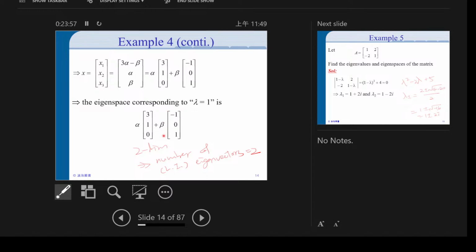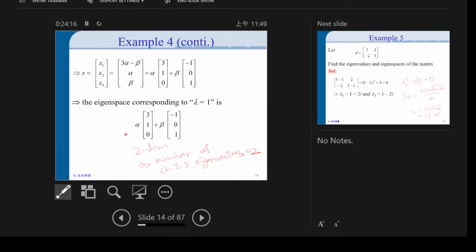So the number of LI eigenvectors corresponding to lambda equal to 1 is 2, because we have a two-dimensional eigenspace here. Any questions so far?